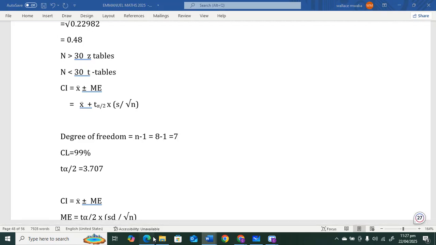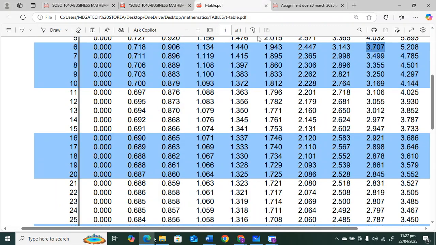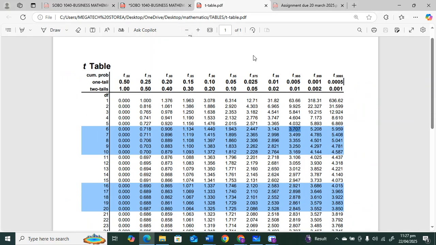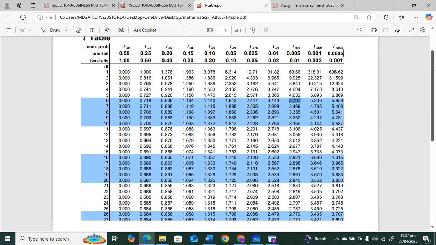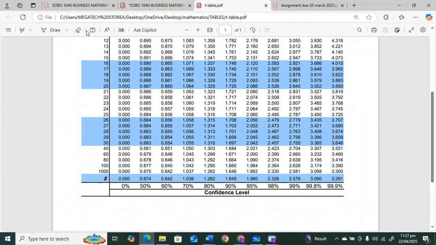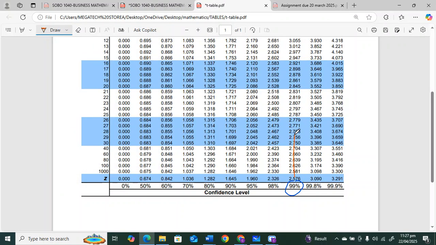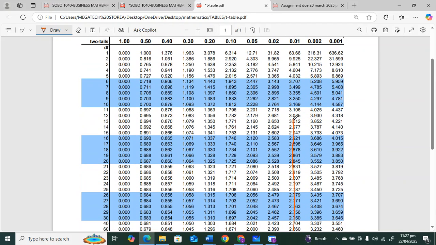Then you go to your T table. Where is my confidence level? Here, 99%. You traverse it up and ask, where is my degree of freedom? The degree of freedom is 7.